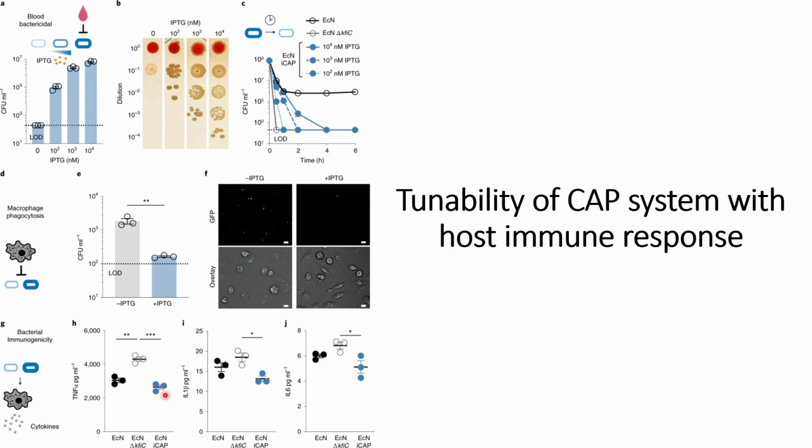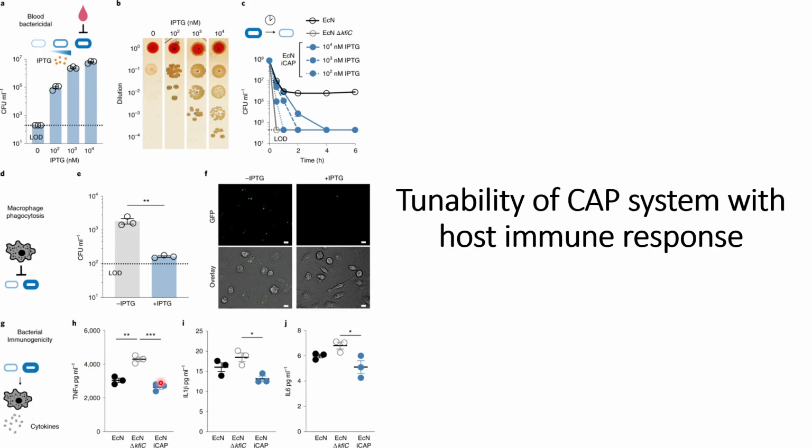But in the case where ECN is capped, or CAP is induced using IPTG, they are able to see fewer cytokines, and this indicates that the CAP is able to prevent the immune response from the host against the bacteria.